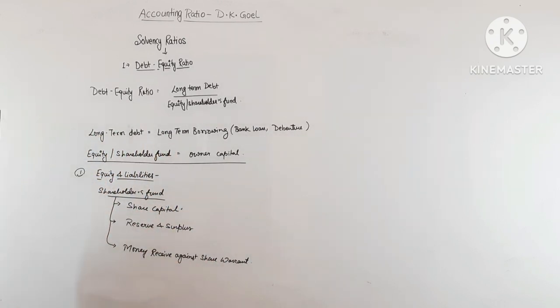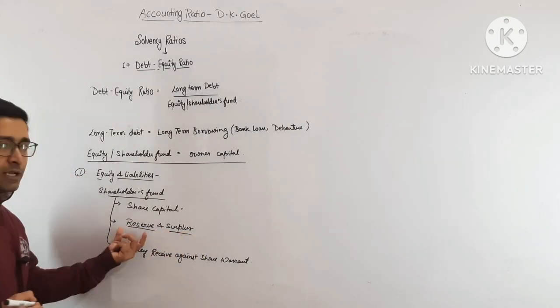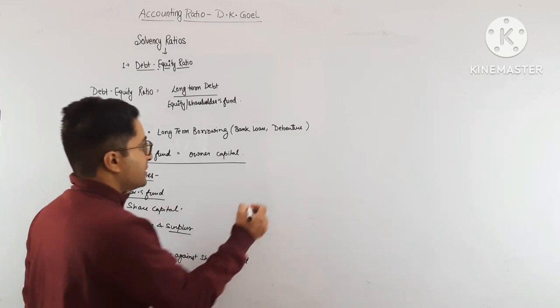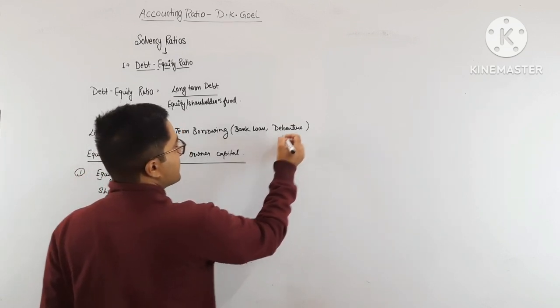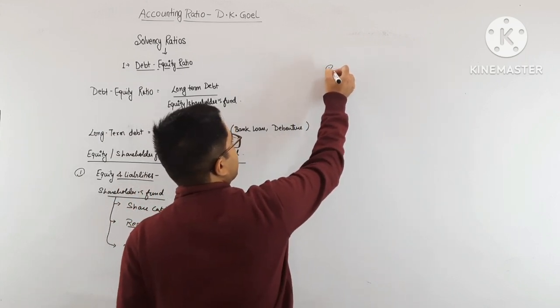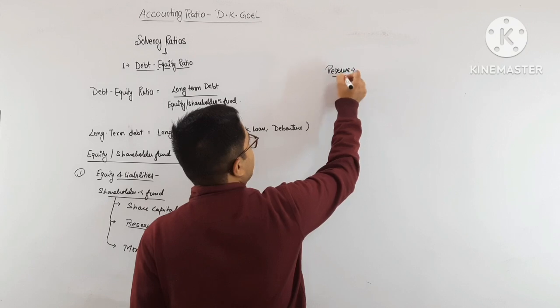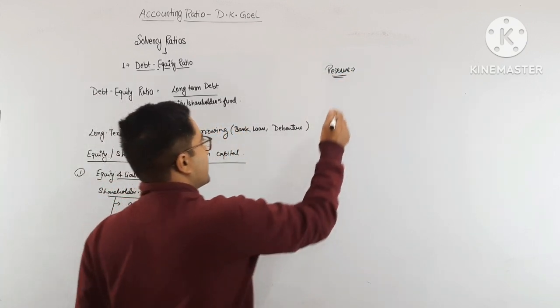After this there are basically 2 points. First is reserve and second is surplus. Now see one by one. What is reserve? Under the point reserve, what will come under the reserve?